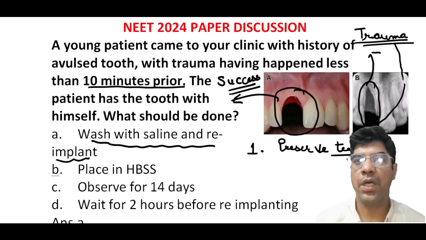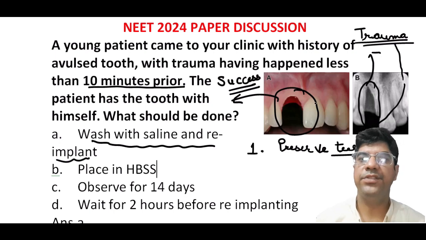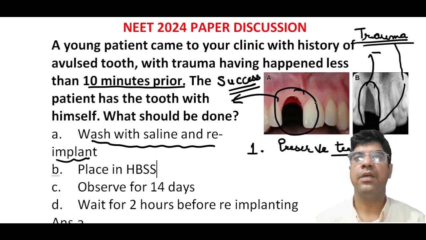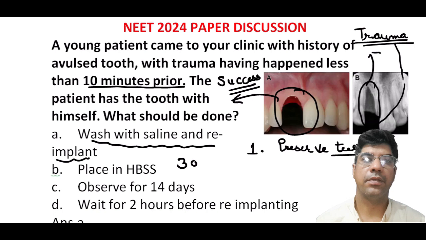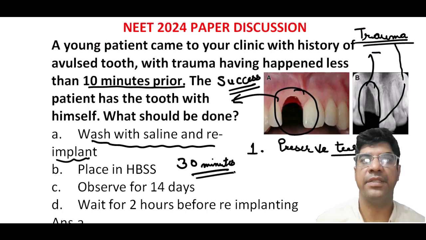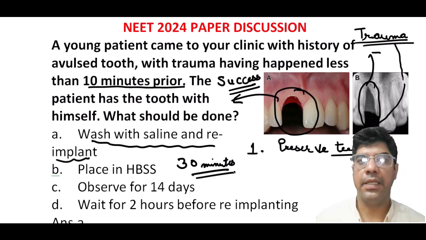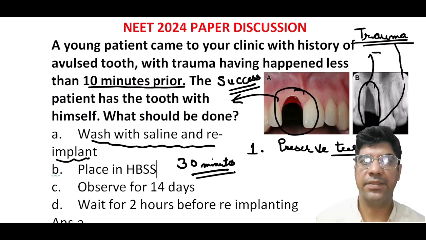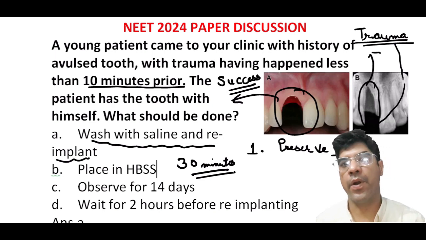So according to the guidelines, an avulsed tooth should ideally be reimplanted within 30 minutes. That is what you have to remember for your entrance exam. So acting quickly is important.